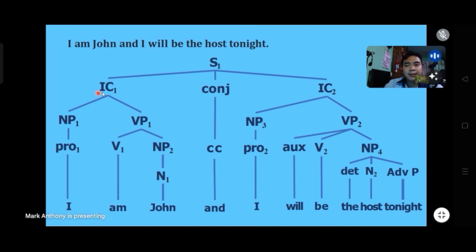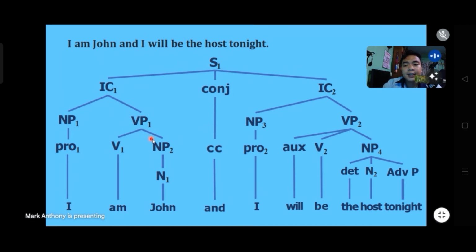And for the first independent clause, we have the noun phrase, in which the word I is used. Therefore, I is a pronoun. Still, it will fall under the noun phrase. And then we have the verb phrase, in which we have the verb am, which is a be verb.